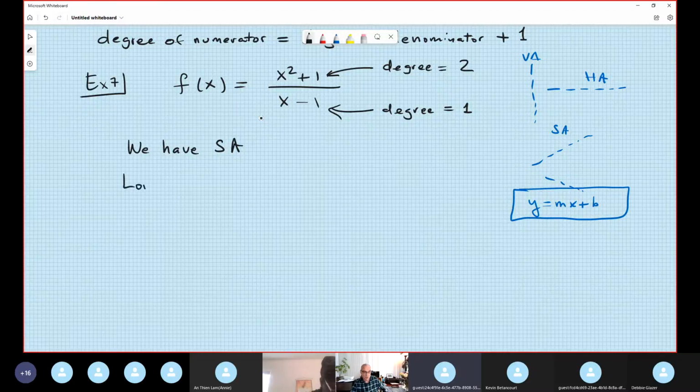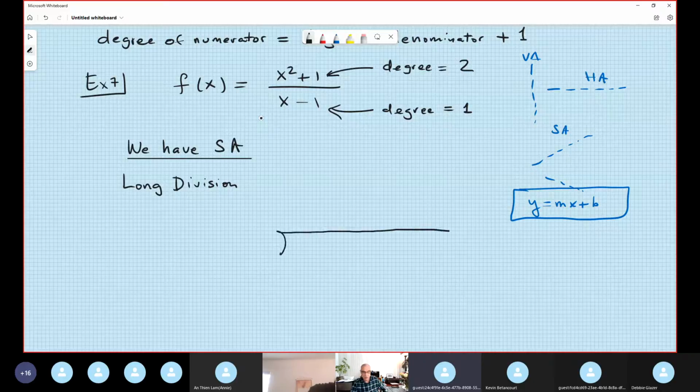So first of all, identification: yes, we have slant. But what is the equation for the slant? We do long division between the numerator and the denominator, using the long division format. You put the numerator inside the box, x squared.